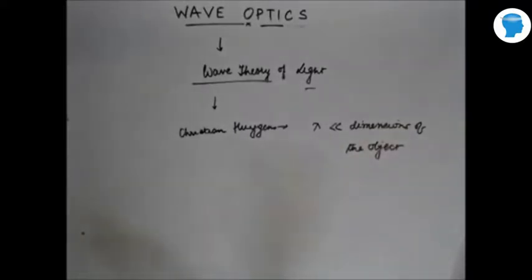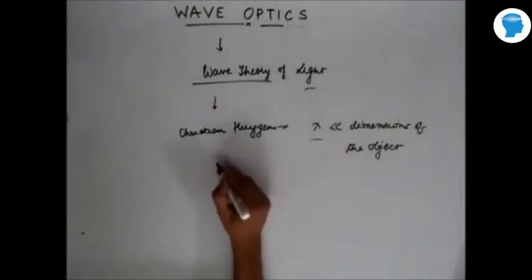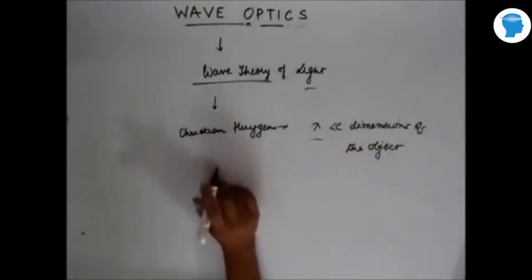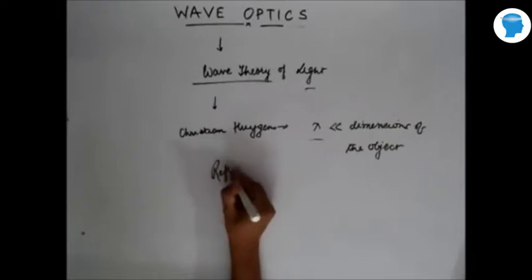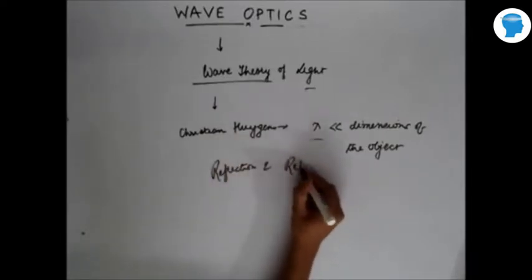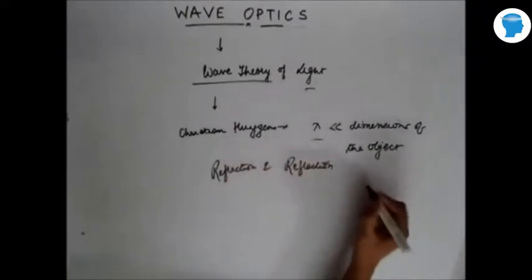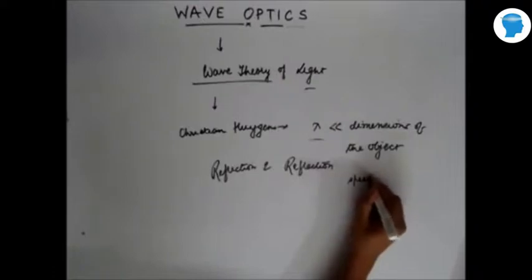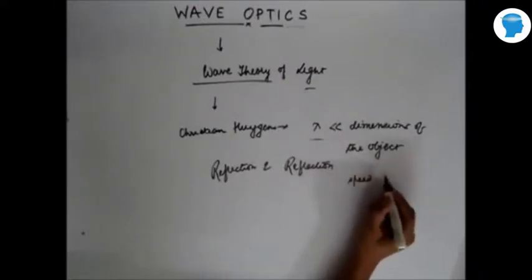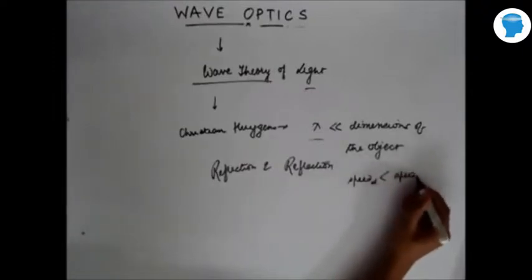Using this concept he proved the laws of reflection and refraction, and what he said was that when light travels from a rarer to a denser medium, the speed of light decreases. Speed of light in a denser medium is less than speed in the rarer medium.